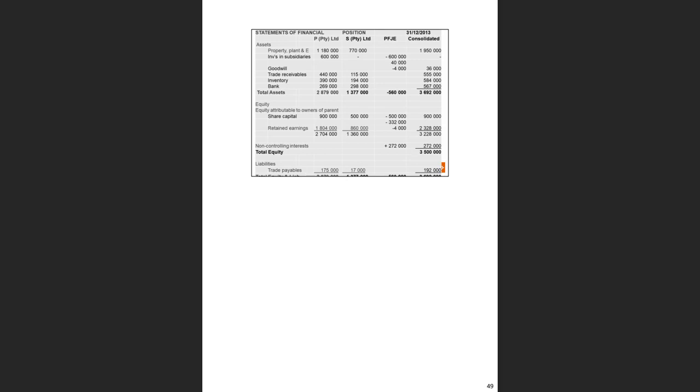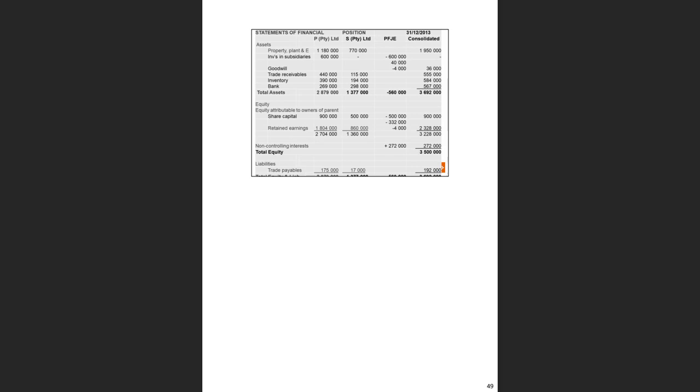Then for equity, here we have share capital of P and share capital of S. Remember, we processed that pro forma journal entry, which eliminated the 500,000 Rand, which was the pre-acquisition retained earnings of S. So left over, we only have 900,000 Rand.